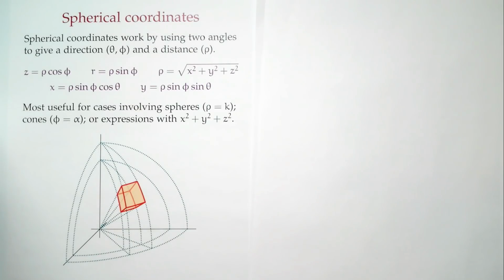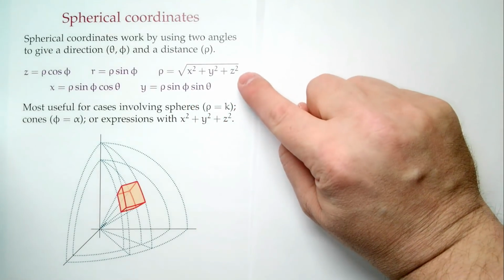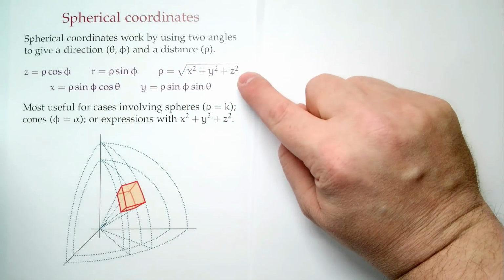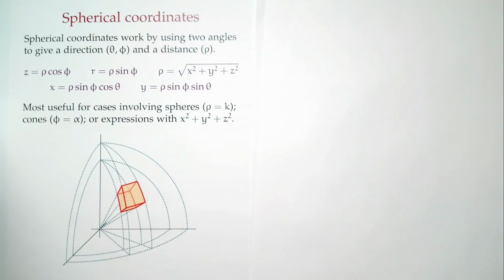Okay. So we have some basic formulas, and it's good to remember these formulas because if you're going to use spherical coordinates, you want to be able to jump back and forth. The big one to remember is that x squared plus y squared plus z squared is rho squared. So oftentimes when you see a formula that involves x squared plus y squared plus z squared, you say, aha, that's going to become something with rho.